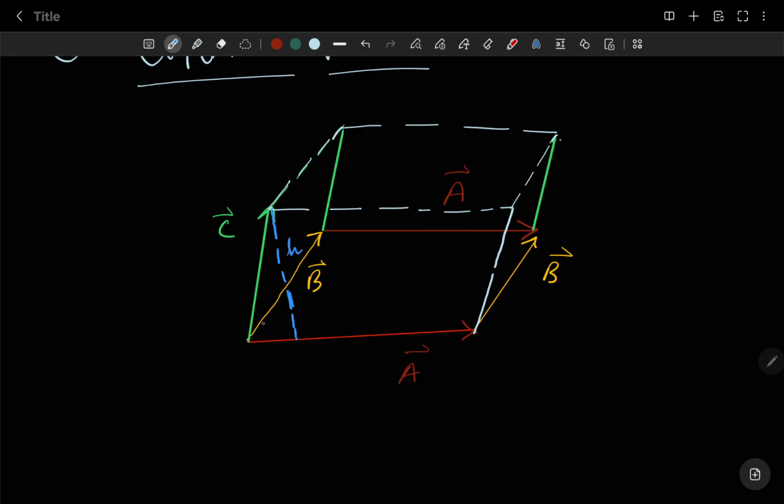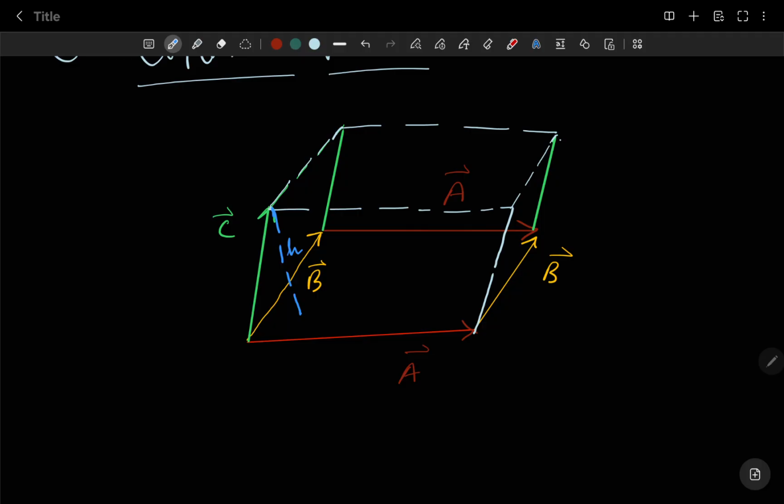The angle between the floor and this perpendicular, I should put H like this. Getting the figure. This is my H. This is the perpendicular.